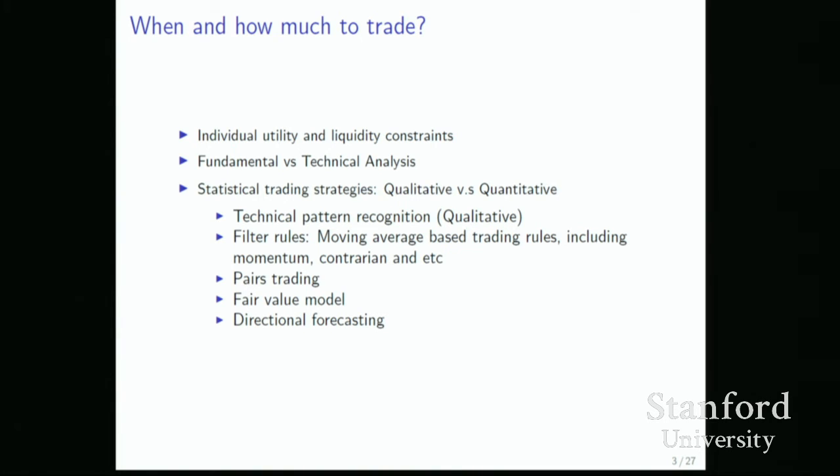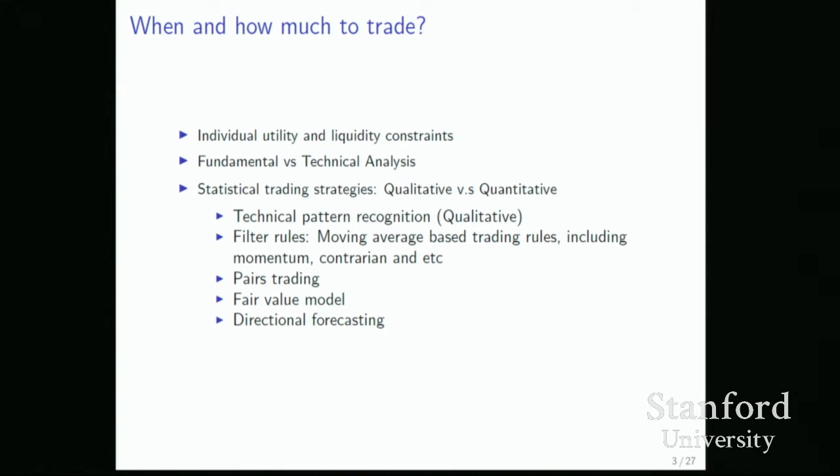Okay. But as far as quantitative techniques are concerned, we are going to look at filter rules and moving average based rules and so on. We'll also talk a little bit about pairs trading. This is an area that's got a lot of attention. And then the fair value model. Fair value models gauge the return against market return and see whenever there is deviation from that, how do you exploit that.